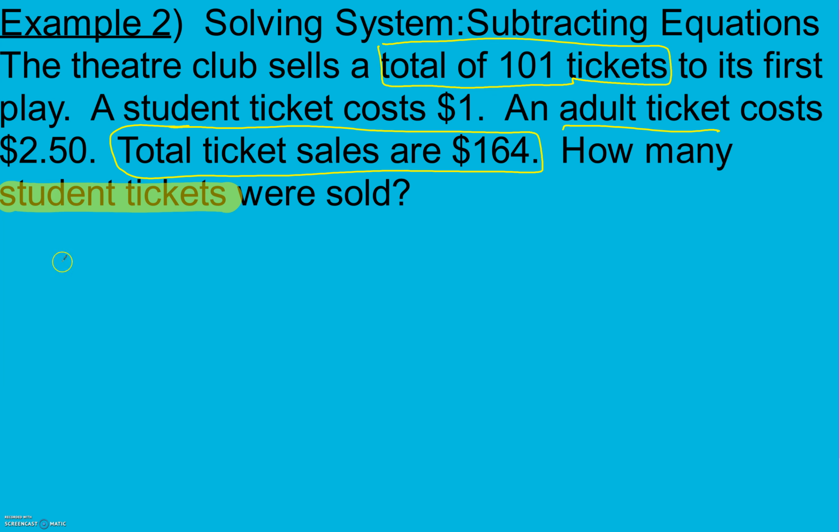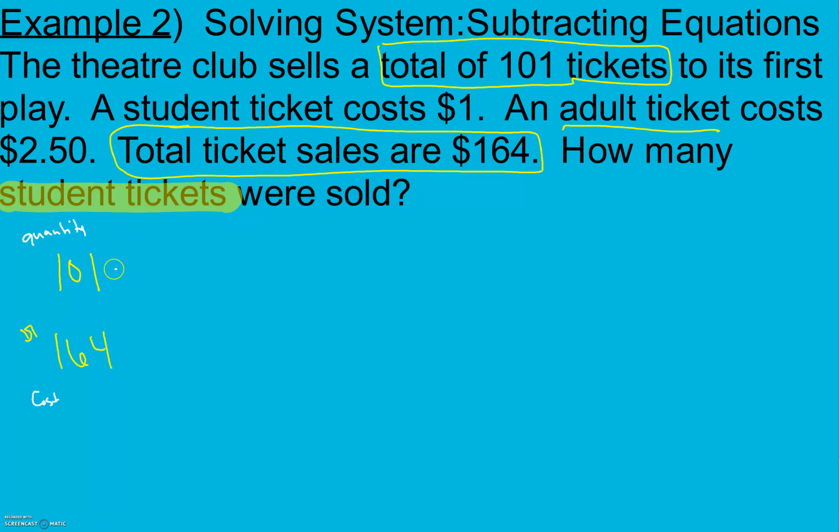So the two things that I'm comparing here are number of tickets to cost of tickets. We talked about that yesterday a little bit. We're going to have one that deals with quantity and one that deals with cost.